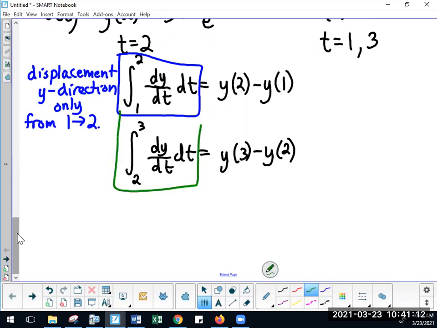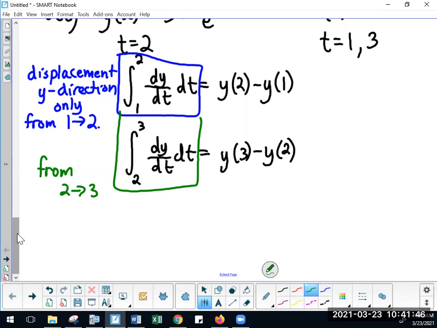This one is the same thing as that one, but we're going from 2 to 3. Think about the notation. Think about how this is the change in y. We're integrating the change in y from 2 to 3. The change in y, the derivative of y, the velocity of y, the change from 2 to 3. That's this. This is the same thing, but from 1 to 2.